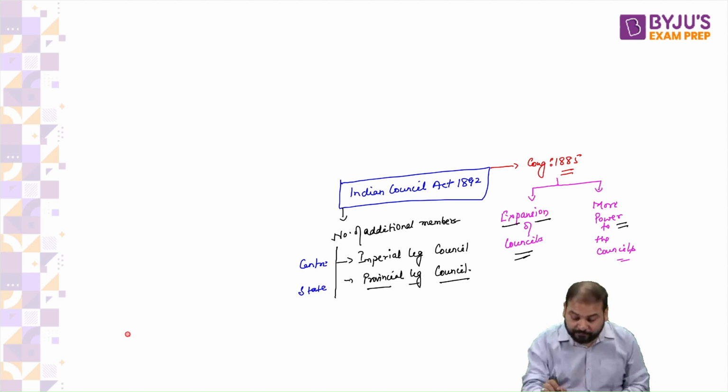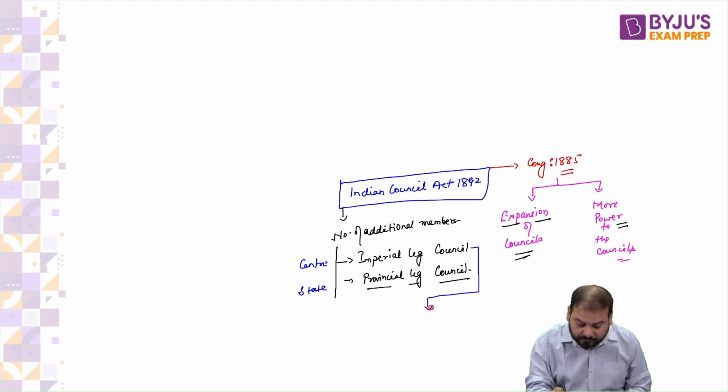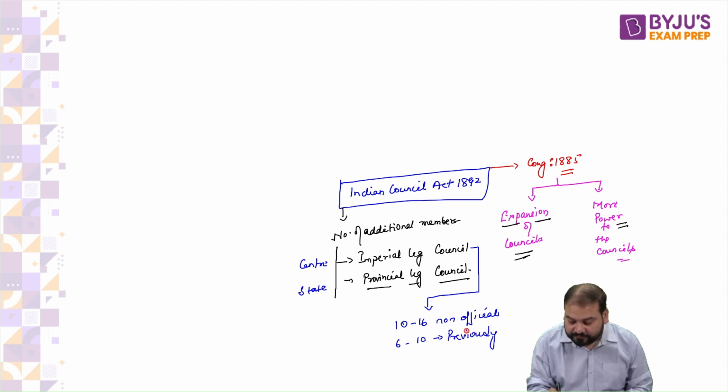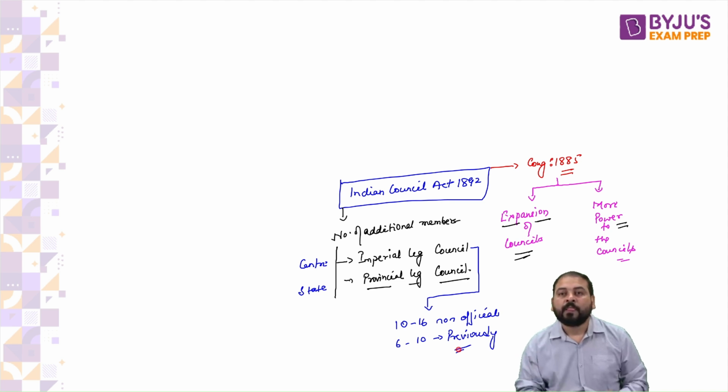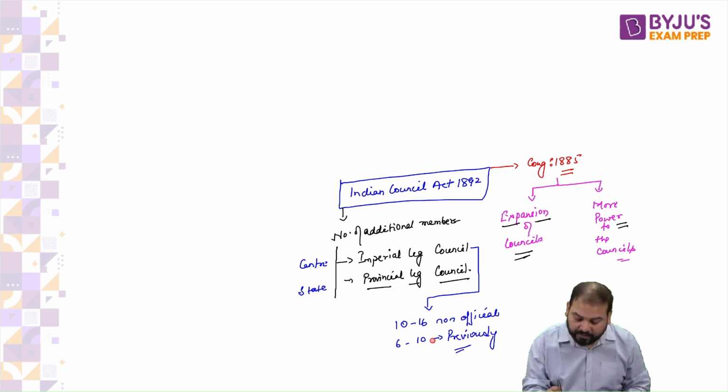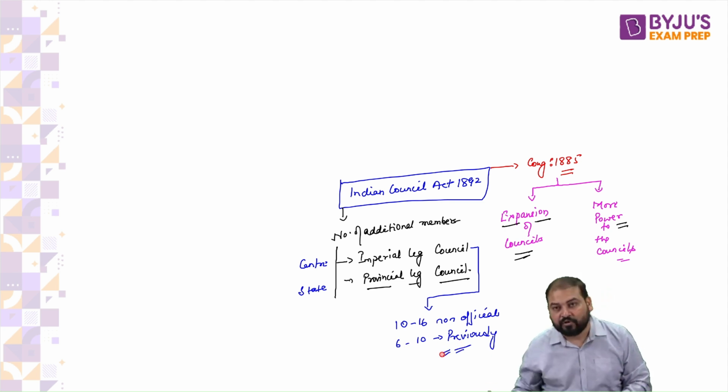What was this expansion? Now there would be 6 to 10 non-official members. Earlier, there were 6 to 10. Everyone, if you are preparing for any state service, you might be asked about the numbers in the provinces also.